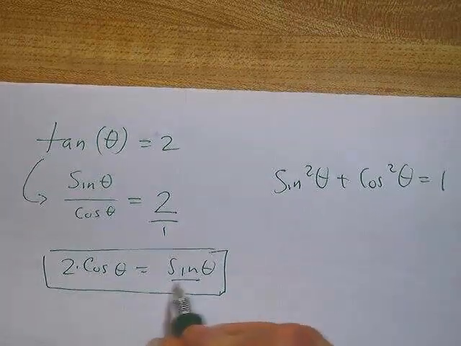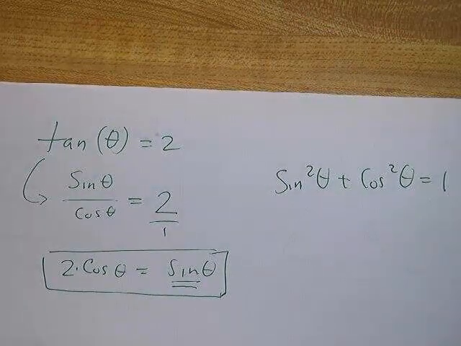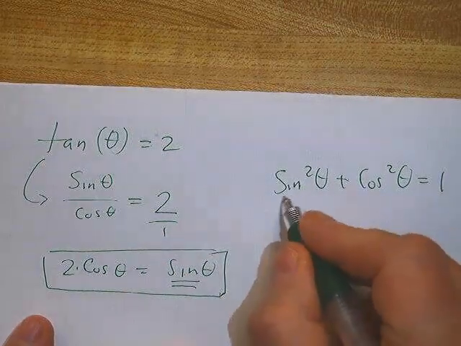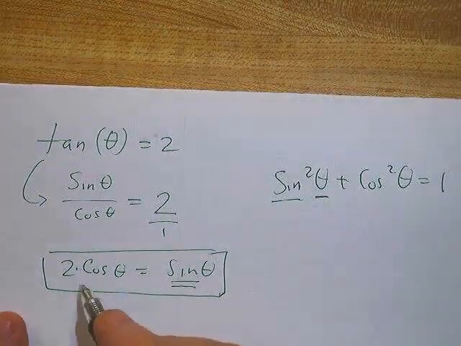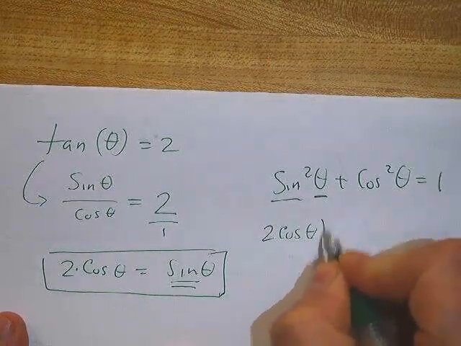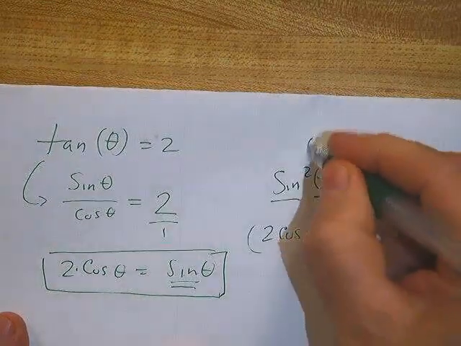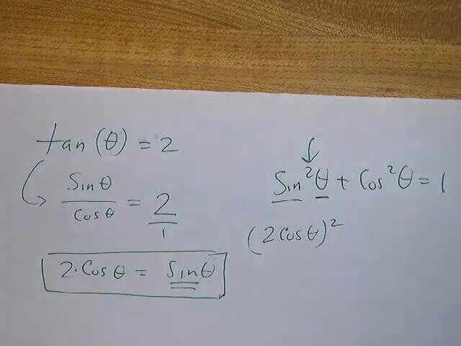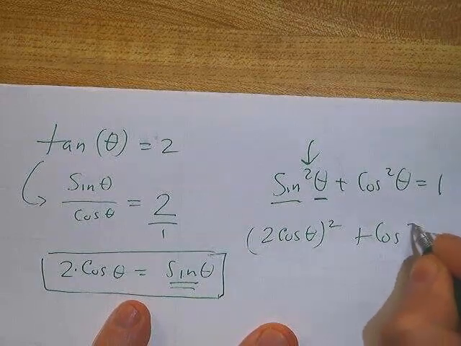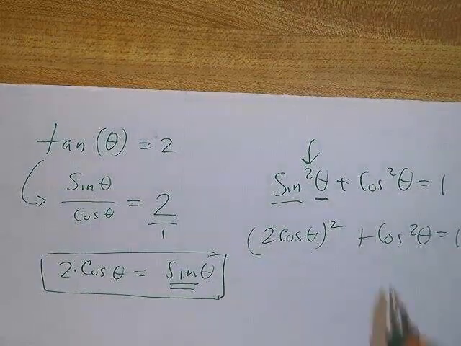In this case, sine of theta is equal to 2 times cosine of theta. So we're going to replace sine of theta with 2 cosine theta, and we're going to square that. When we're doing this substitution, we're not replacing the 2. Plus cosine squared theta equals 1.